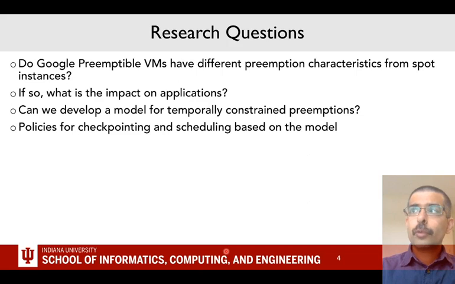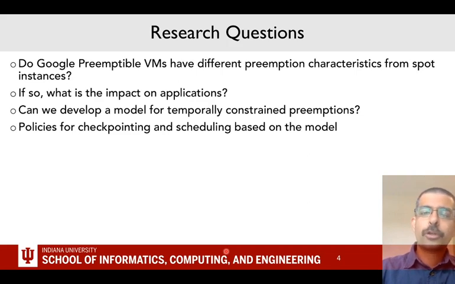The third question that we're interested in is, can we develop a preemption reliability model for temporally constrained preemptions? And can we use this model to develop policies for checkpointing and scheduling, which are required if you want to make good and efficient use of cloud transient VMs?